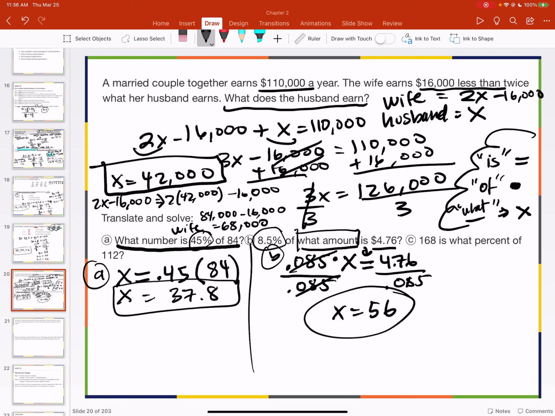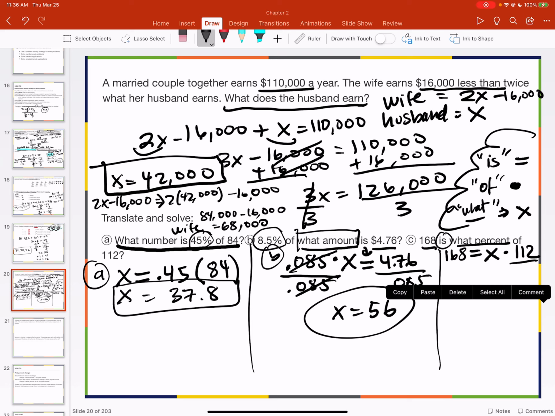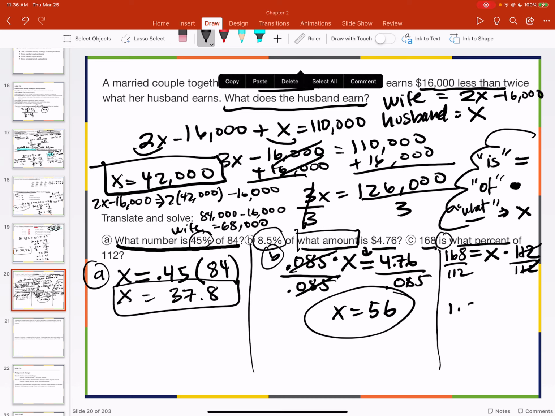Okay, so that's B. Lastly, 168 is, so that means equals, what percent? So X, of, so times 112. So we need to divide both sides by 112. 168 divided by 112 is 1.5, but we're not done yet because that's the decimal form of the percentage, right?